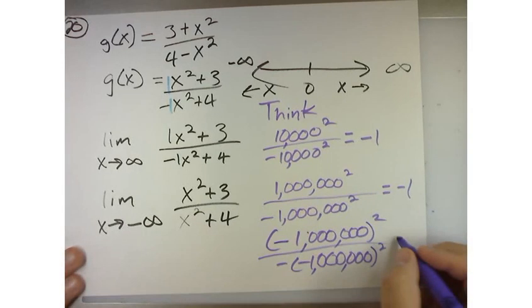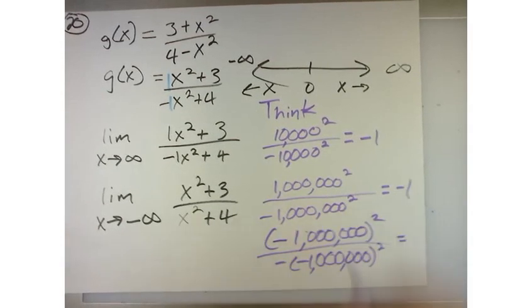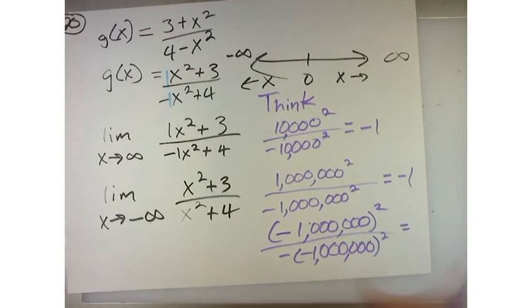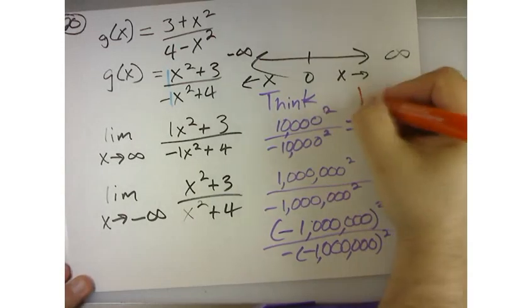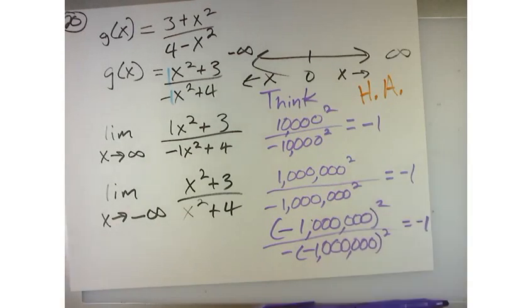It still reduces to, well, wait, that's a little different. When I square this, I'll get a positive on the top, and when I square this, I get a positive times a negative. It's still negative 1, isn't it? Is that true? So now, where would my horizontal asymptote occur? My horizontal asymptote should occur at negative 1. Let's graph this and see.